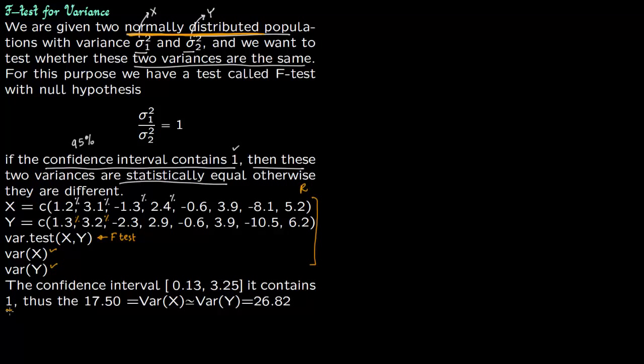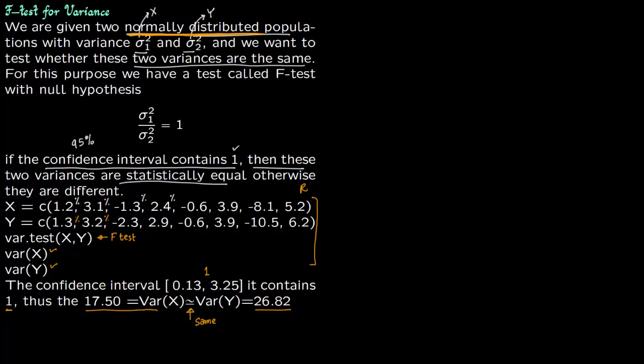So this contains 1. If you compute the variance of X, that is 17.5, and the variance of Y is 26.82. Mathematically these two are different, but statistically they are the same, because the confidence interval contains 1. So you cannot distinguish between X and Y.